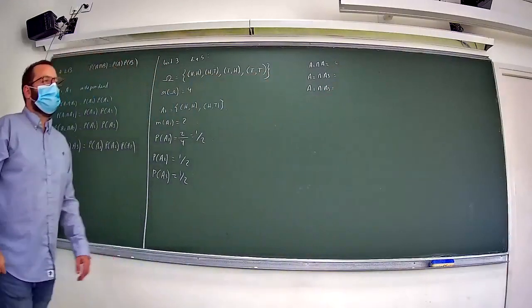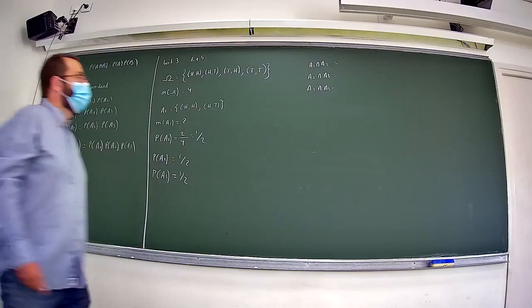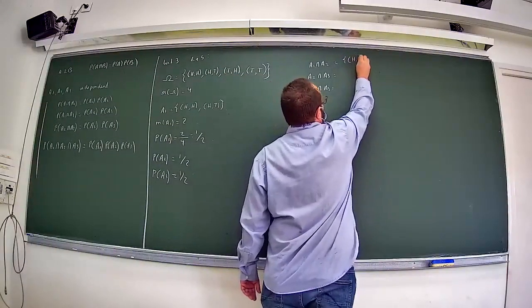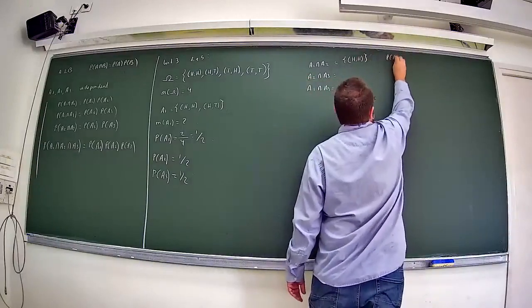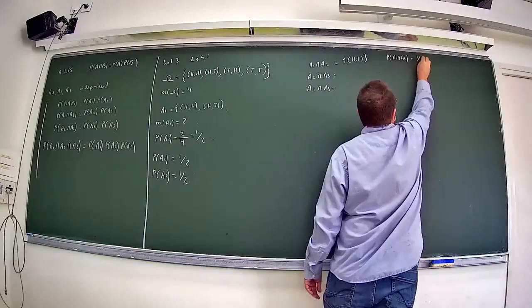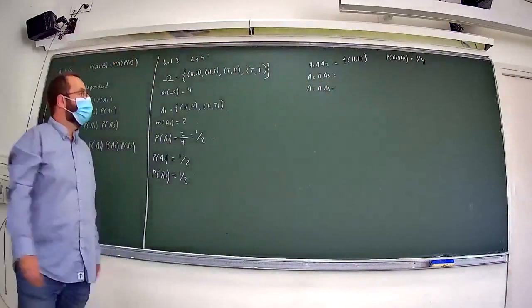If I am in A1 and A2, it means head on the first, head on the second, head on both. So I have a single element here, that is head, head. And so the probability of A1 intersected with A2 is equal to 1/4, because I have only one element in the intersection.